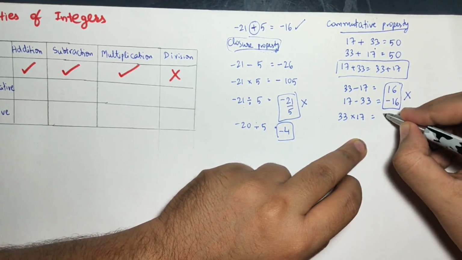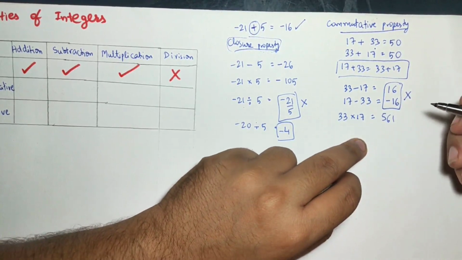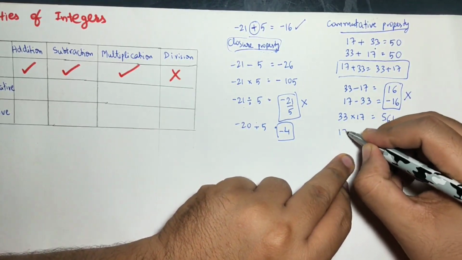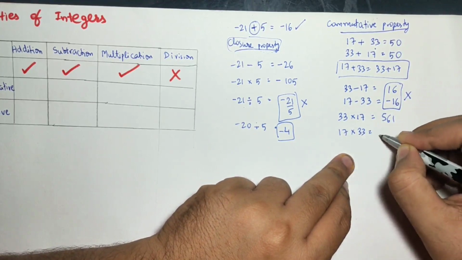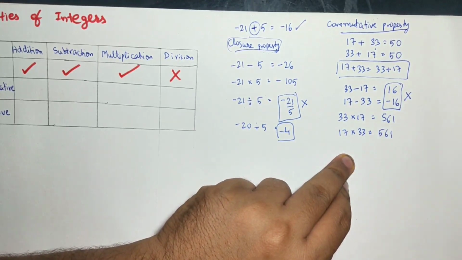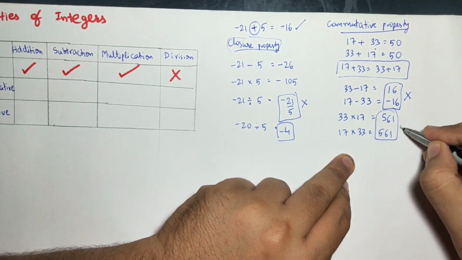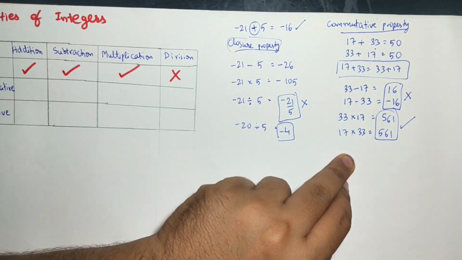It is 561. And if I interchange them, 17 into 33, it will be again 561. As you can see, the numbers are the same.